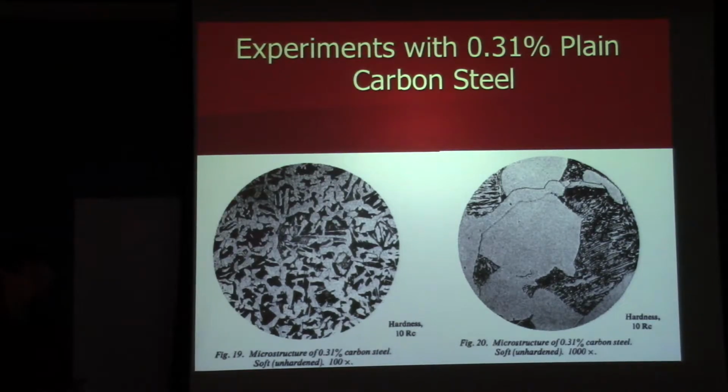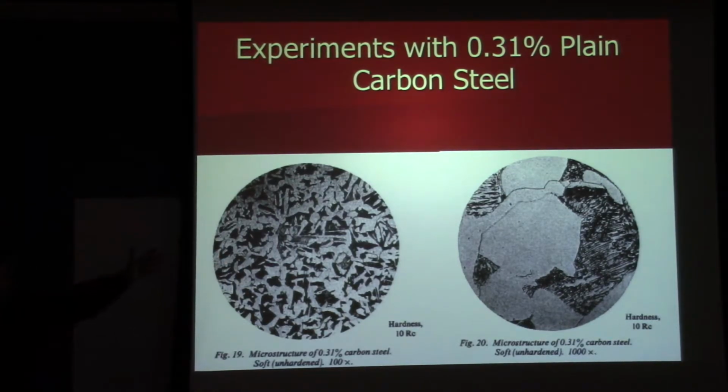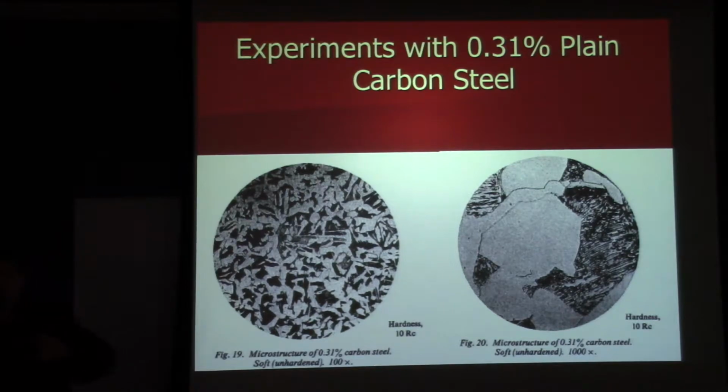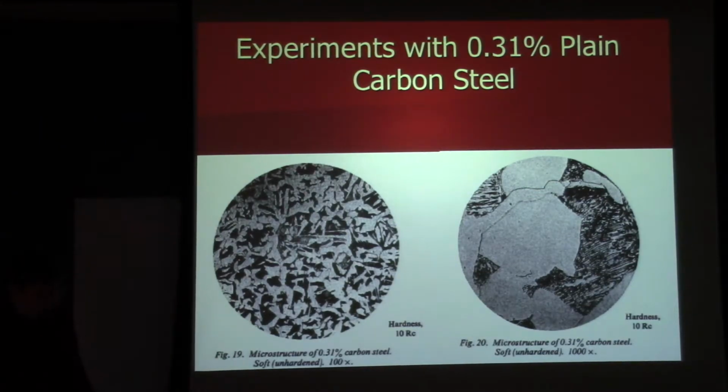So we've got 0.43, 0.13, now 0.31, repeating the experiment. Again, some things of interest. Look at the as received, the starting condition. The microstructure in the starting condition is different in each one of these because the composition is different. There's varying amounts of carbon, so there's varying amounts of pearlite. The way it's arranged is different. Again, a combination of pearlite and ferrite.